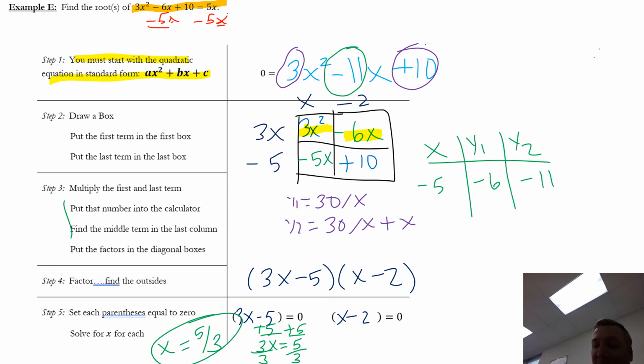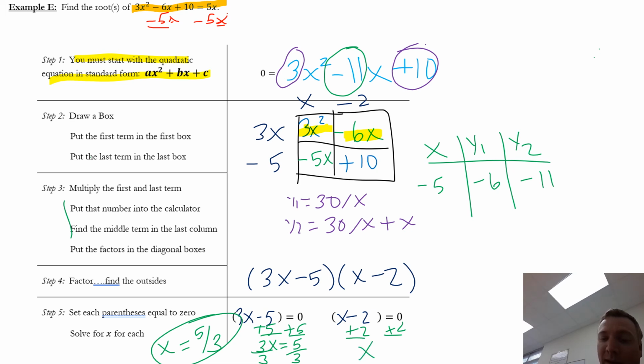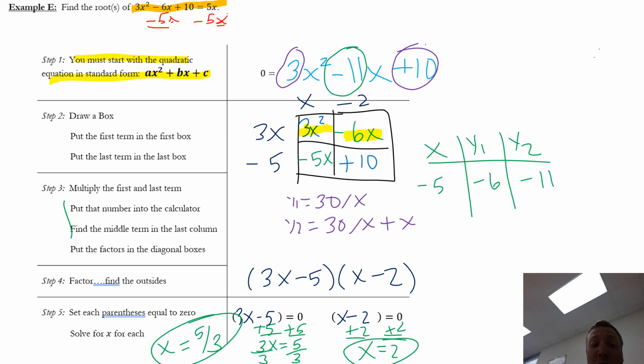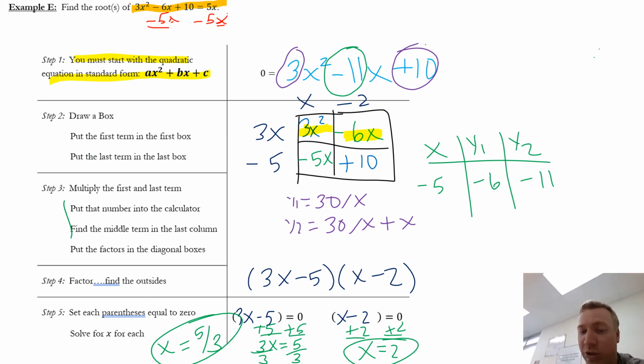The second equation, I would simply add 2 to both sides. And I would get x equals 2. So my two solutions, this parabola crosses the x-axis twice, has two roots or solutions. It's x equals 5/3, or your calculator may give you a decimal there as 1.6 repeating, and x equals +2. And that's it. That's how we solve a quadratic by factoring.